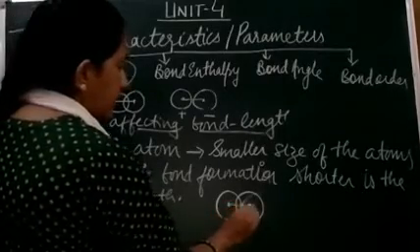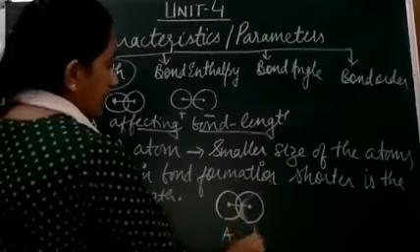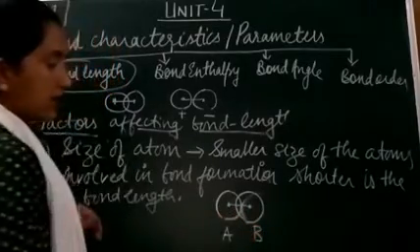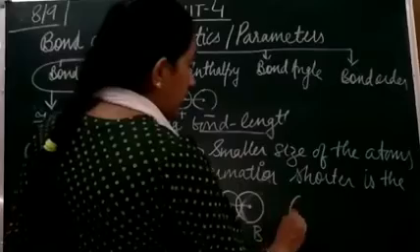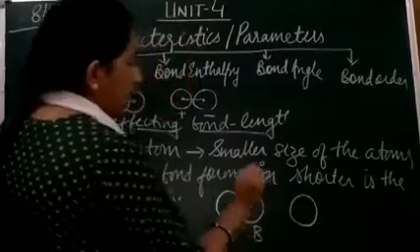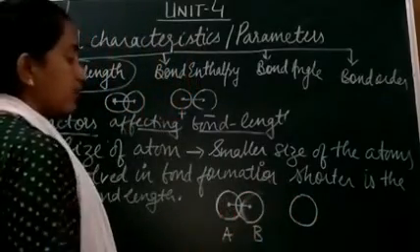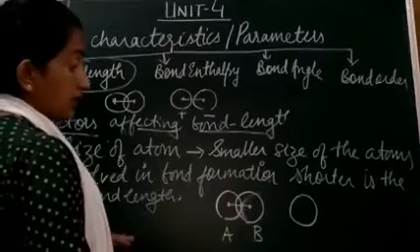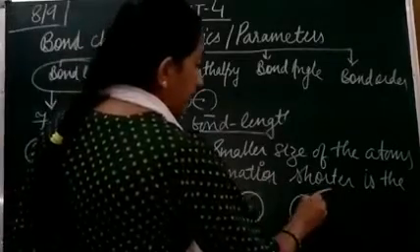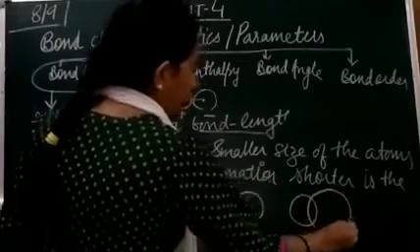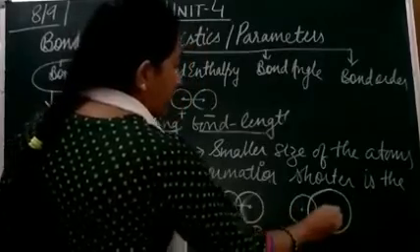Okay, let's see here that we have two bonded atoms A and B. Now if the B atom is replaced by some other atom whose size is big, let it be in this way.